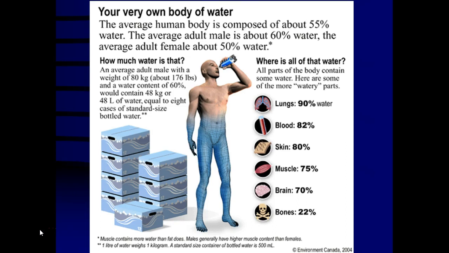The average adult male is about 60% water. And the average adult female is about 50% water. Males have a little bit more water because they have more muscle tissue, and muscle tissue holds more water. And they generally have less fat. There's less water in fat than there is in muscle tissue, and that's why there's a difference there.